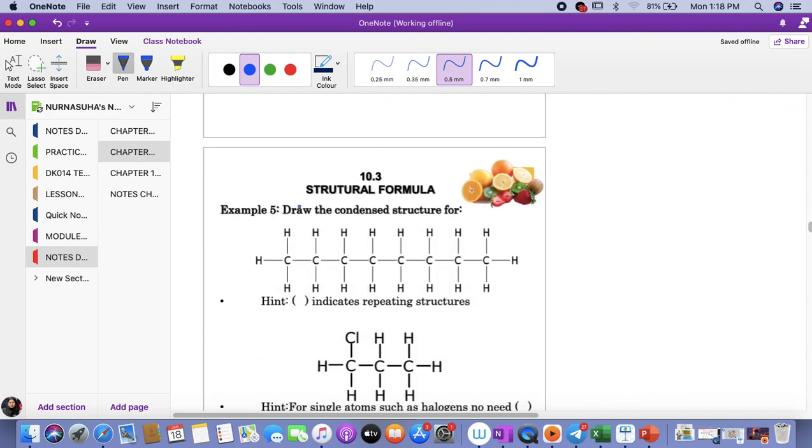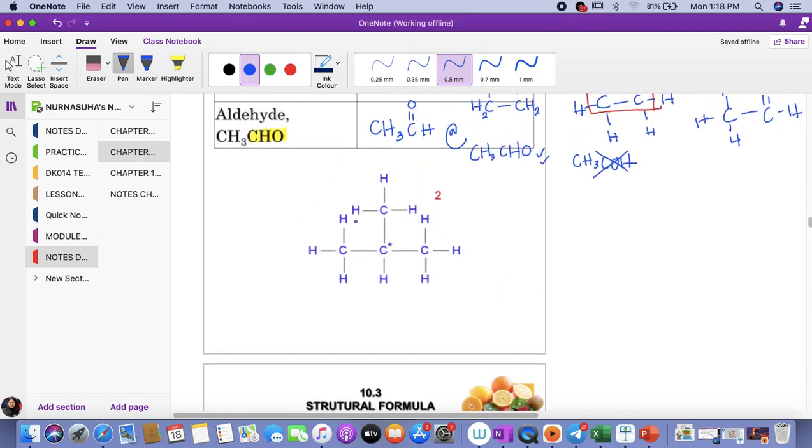Before we go to the last one, let's try this example. When we want to write down the structural formula, make sure you start from left to right, so you are not confused. Let's start from here. The formula is CH3, then CH.